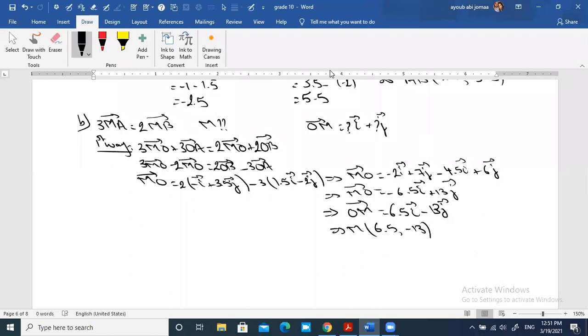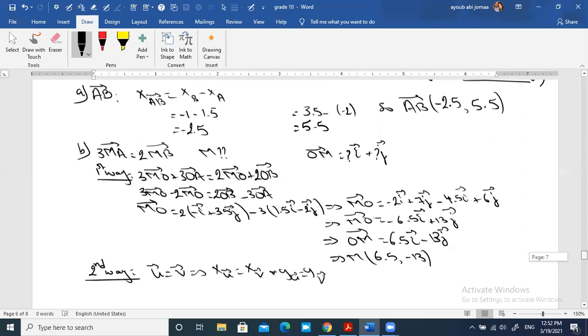The second way. Two vectors u and v are equal. It means that x of u is equal to x of v and y of u is equal to y of v, what we said last time.